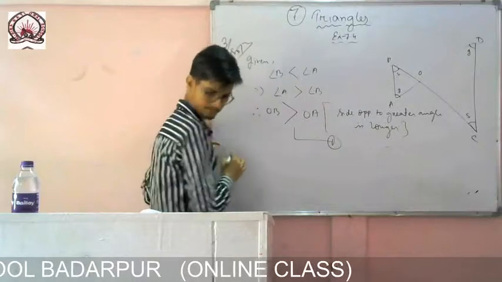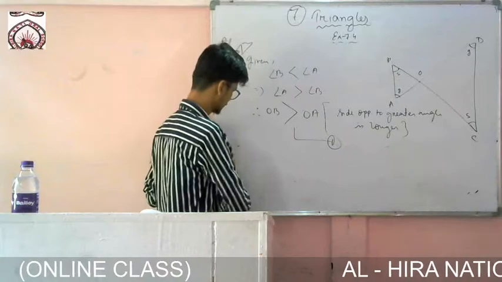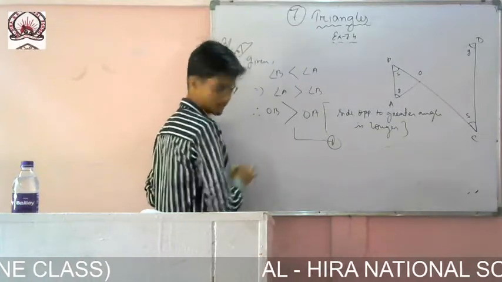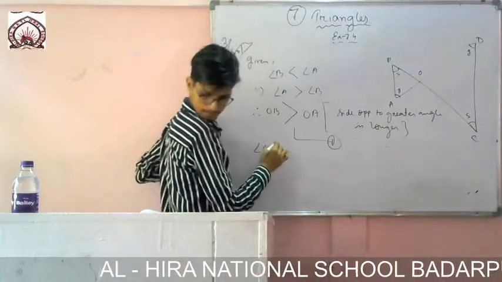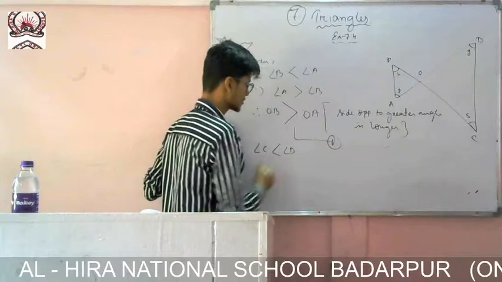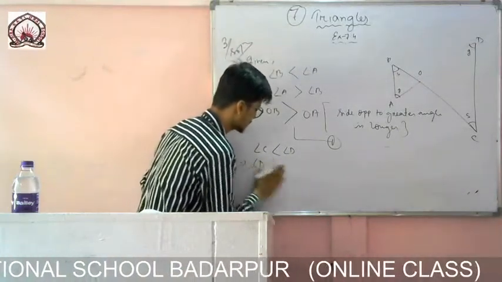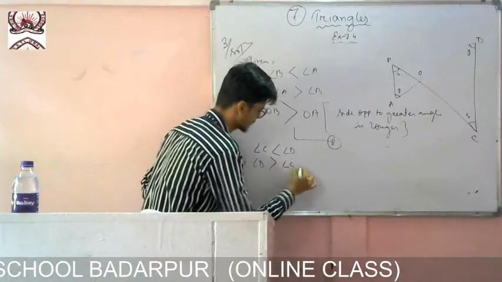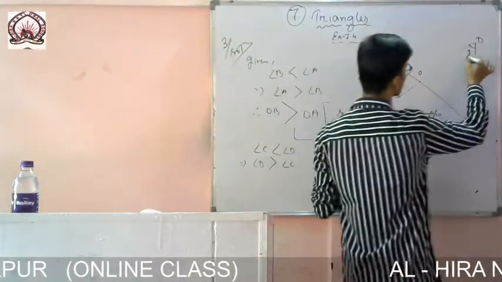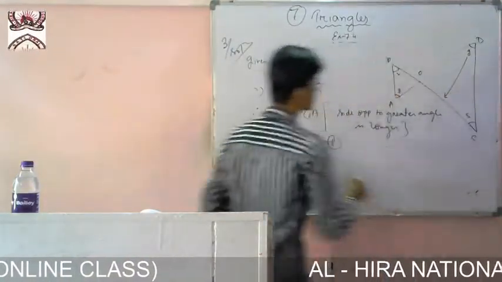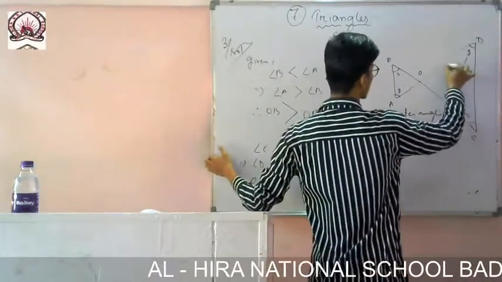But another thing that is given: angle C is smaller than angle D. The same way, I can write angle D is greater than angle C. If D is greater than angle C, then the side opposite to D, it is OC, will be greater than the side opposite to angle C, it is OD.